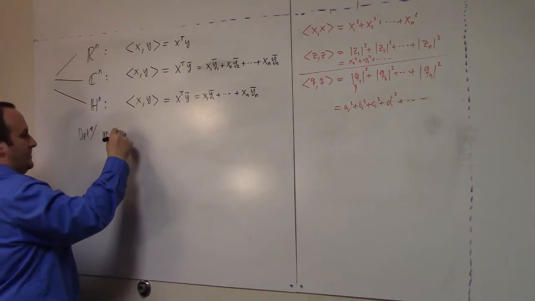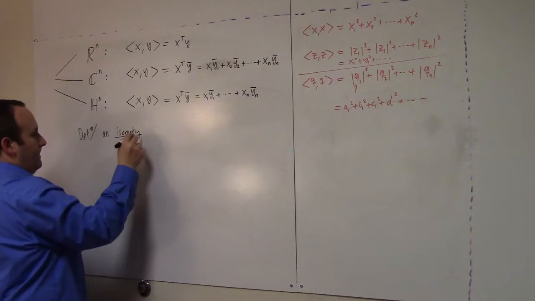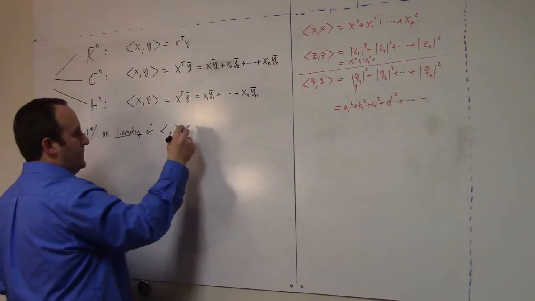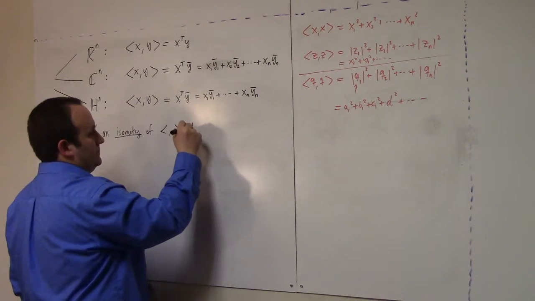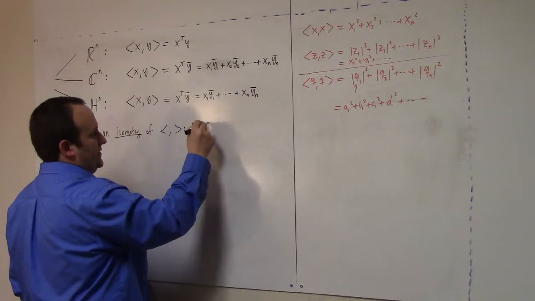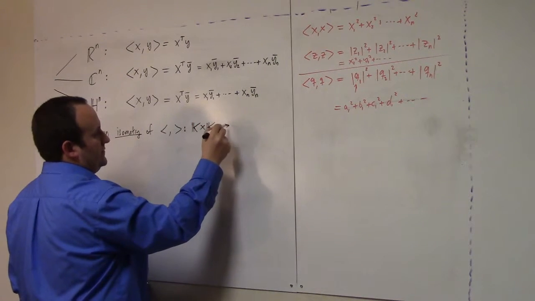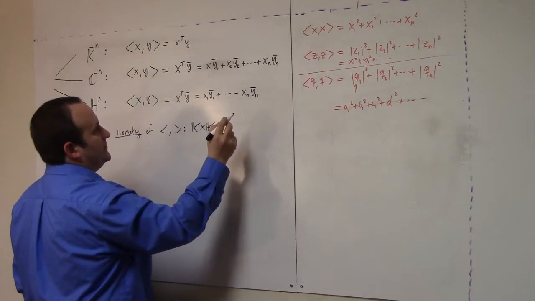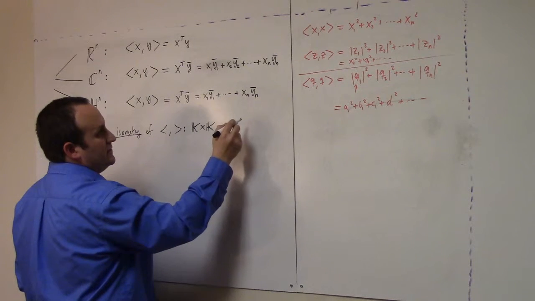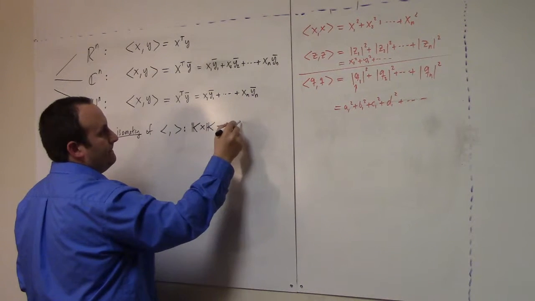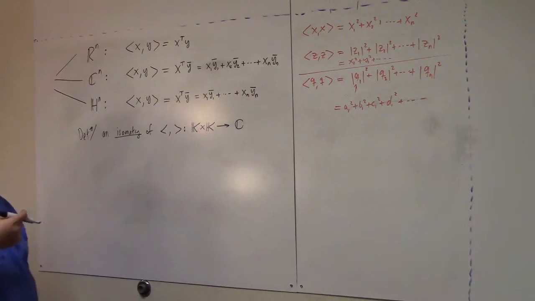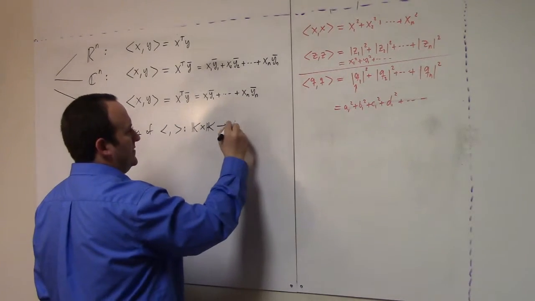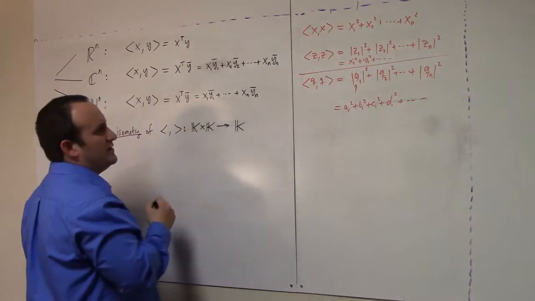An isometry is, let's say, a mapping from K cross K to, I guess, K generally speaking.